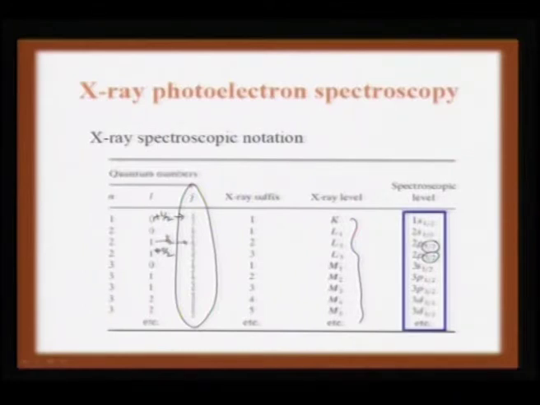Depending on the shell, we can abbreviate this as L1. If we say L1, then we talk about 2s 1/2, L2 is 2p 1/2, L3 is 2p 3/2. In this way we can map all the shells or the electrons related to that particular shell, and these have very characteristic binding energy, which we will see shortly from now.